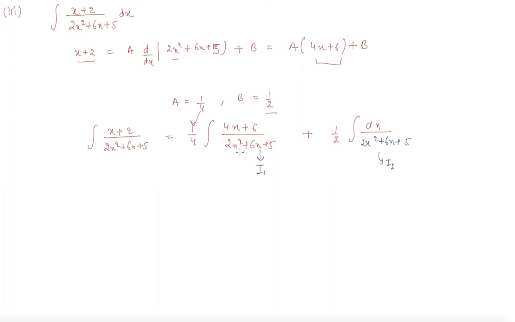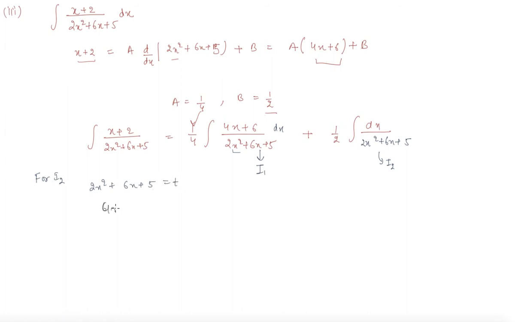As you can see, it is very easy to solve I1 because I'll take the denominator as t and differentiate it, and the derivative is the fraction above. So for I1 I'll put 2x square plus 6x plus 5 equal to t.